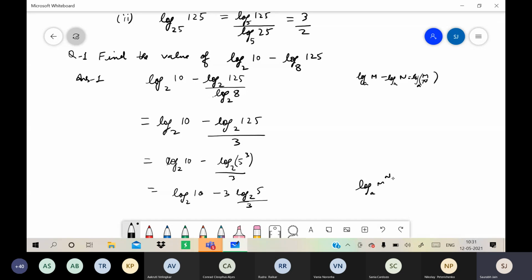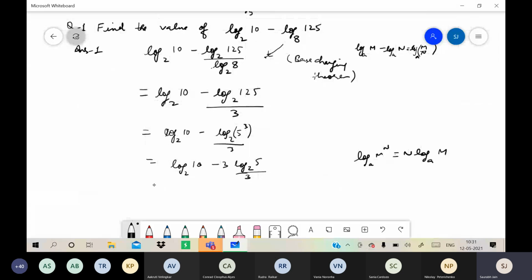This one. And here I have used base changing theorem from here to here. Fine. Next I will get the answer. Why? Because 3 is present in numerator and denominator, it will get cancelled and you will get this.